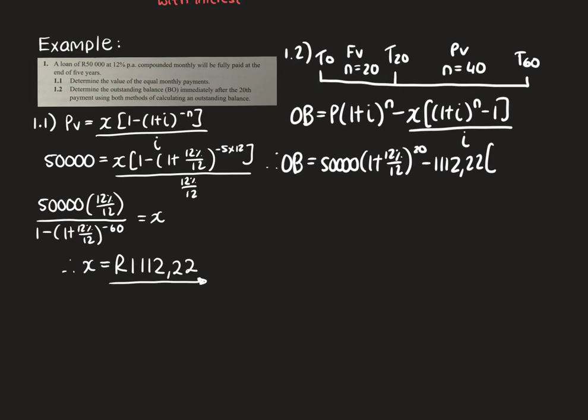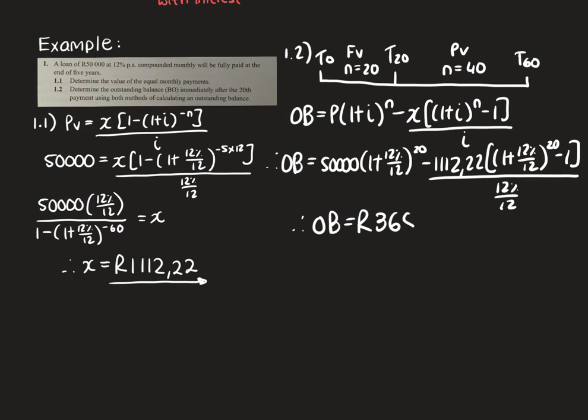I'm going to run out of space here. 1 plus 12% over 12 to the power of 20 minus 1, close my square bracket, all over 12% over 12. Okay, therefore, my outstanding balance using my future value method is going to be 36,519,33.